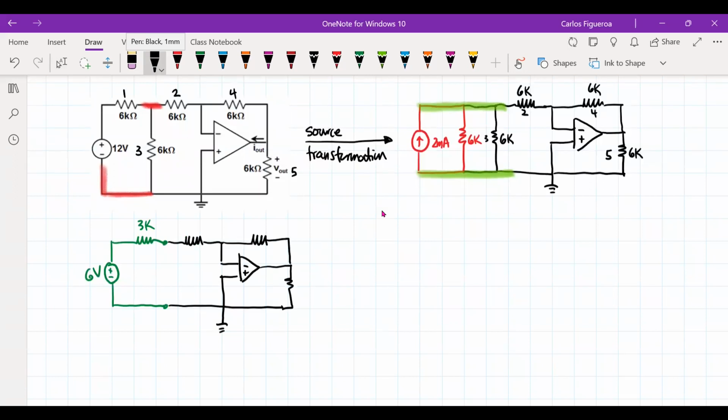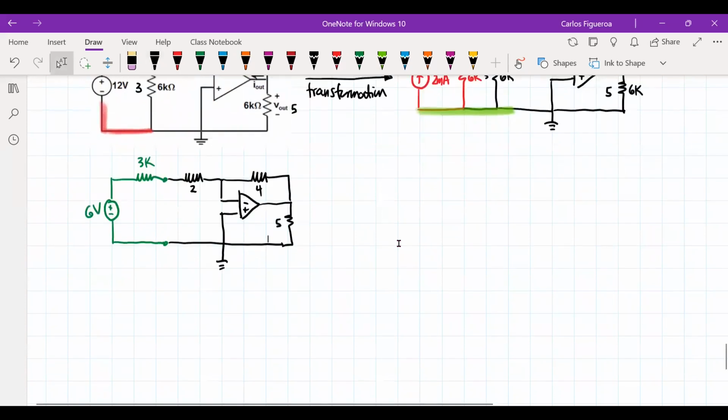Now if I look at this thing, you can see here is that this is resistor 2, this is resistor 4, and this is resistor 5. When I'm looking at these, remember, these are all 6K, right? So this is 6K, this is 6K, this is 6K. Do I need to do any more source transformations?